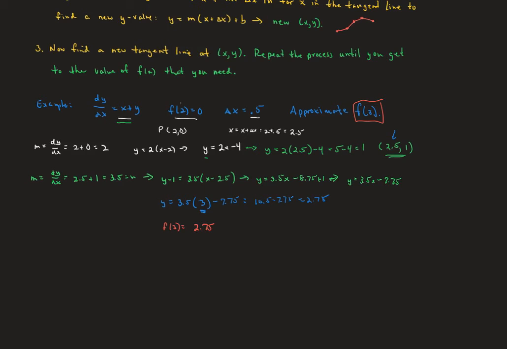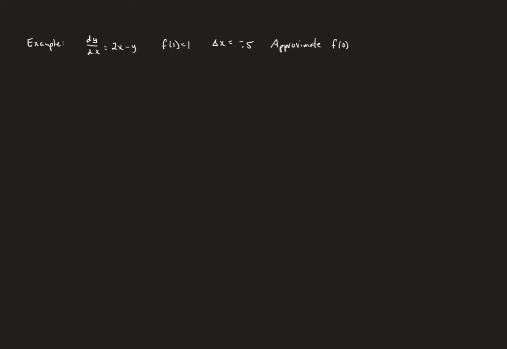Okay, let's try another one. I've got another example on the next panel, so we're going to repeat the process here. Typically on AP questions, you're never going to have to do more than 2 iterations of this. Our book and most books will do this as a table of values, and that's nice if you're going to do a whole bunch of approximations.